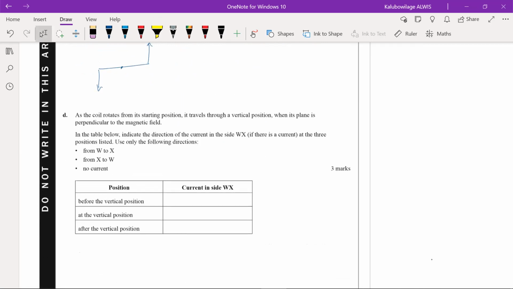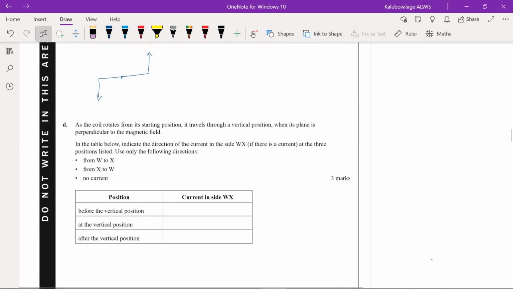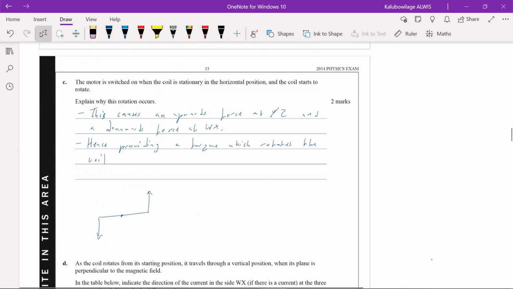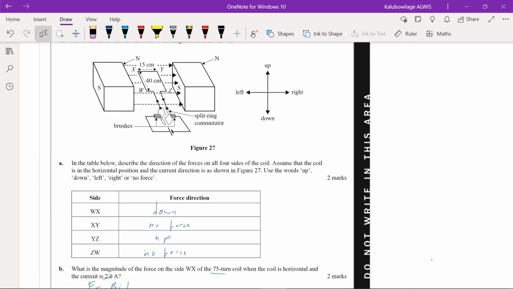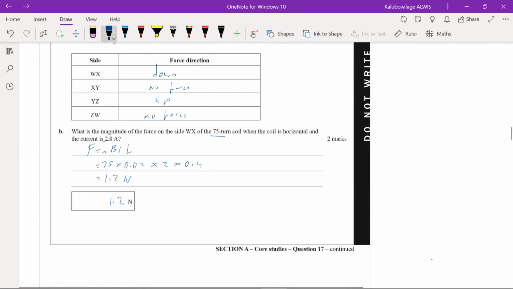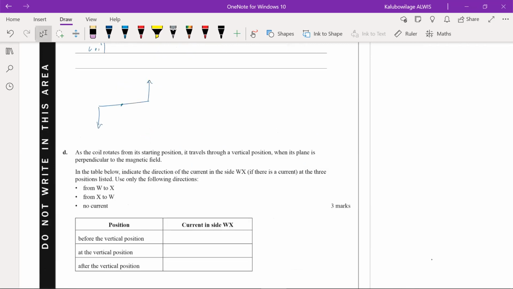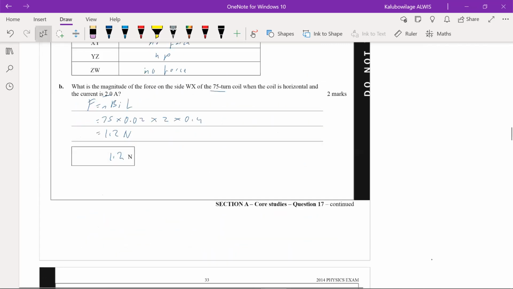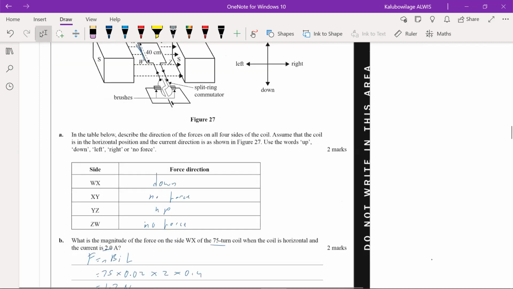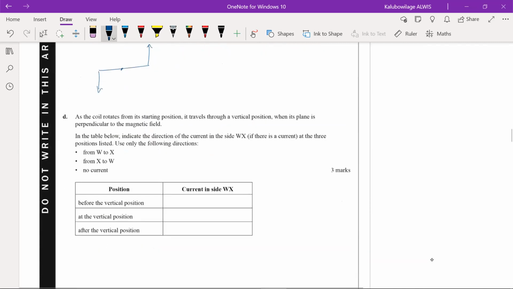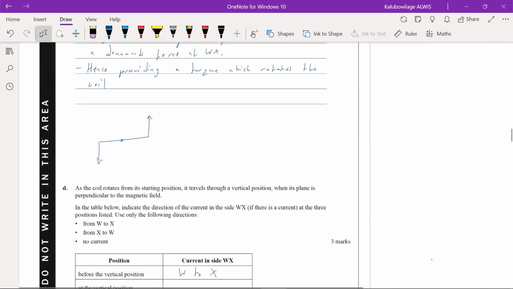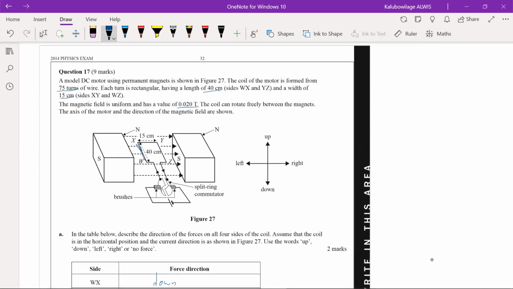The table below indicates the direction of the current inside WX. There is current in these positions. It's rotating now. To start for the vertical position, current is going from W to X, which they've given us before. If you look at the diagram, current is going that way.